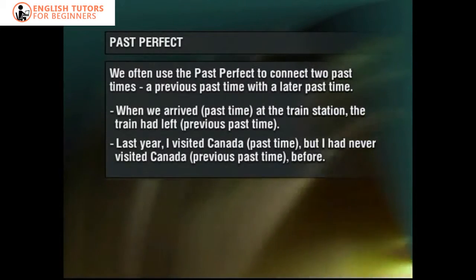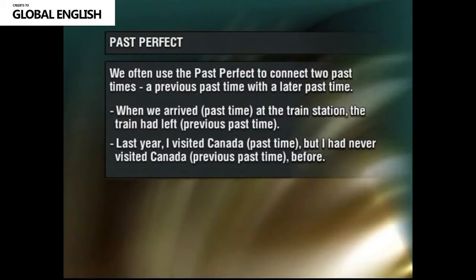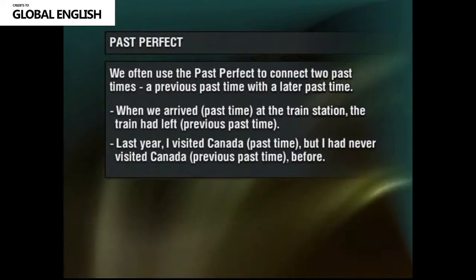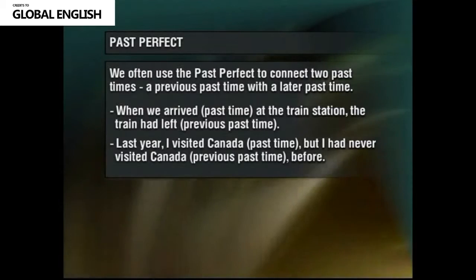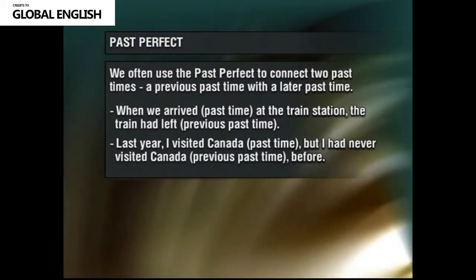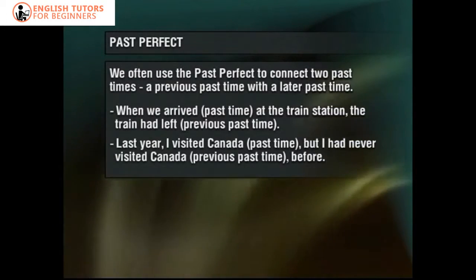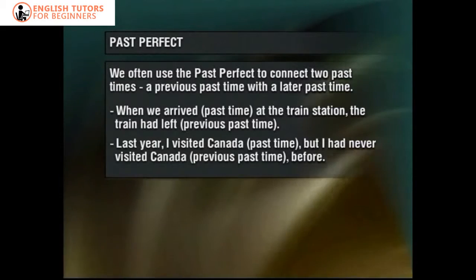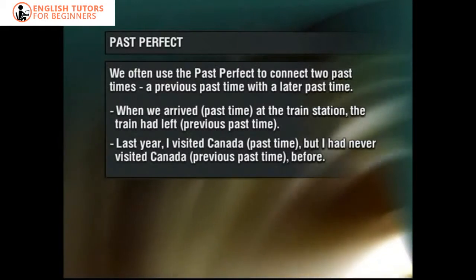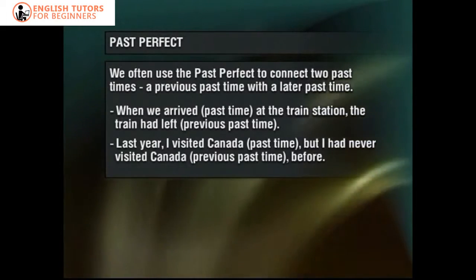When we arrived, past time, at the train station, the train had left, previous past time. Last year, I visited Canada, past time, but I had never visited Canada, previous past time, before.